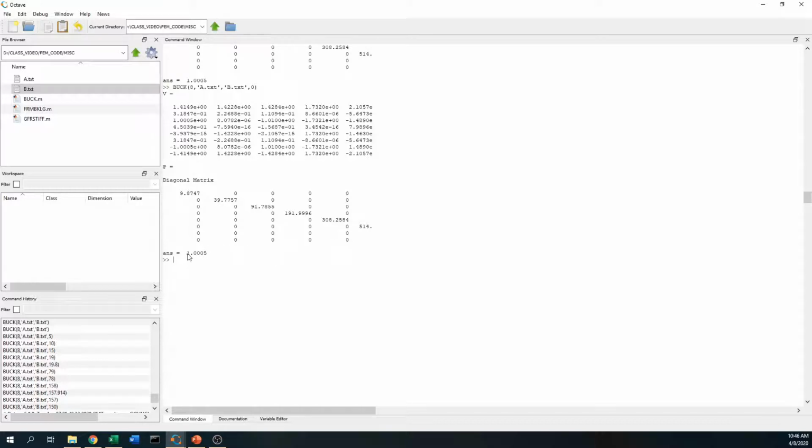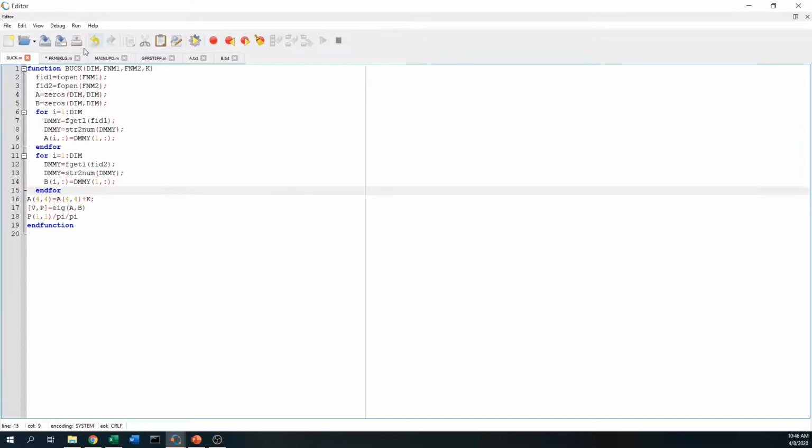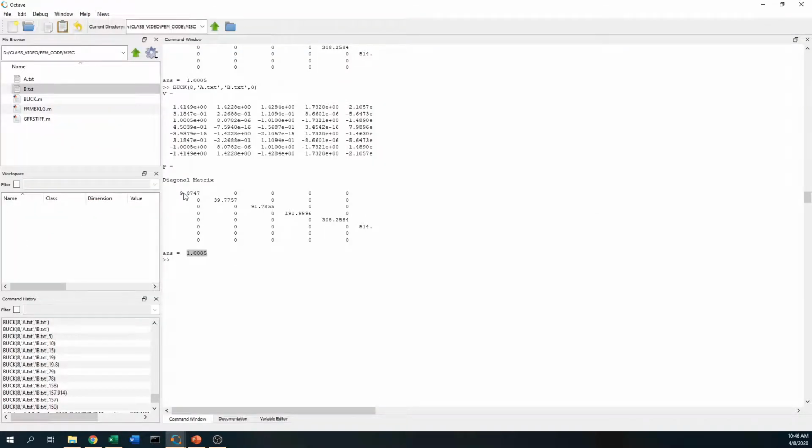Now, the 1.005 comes from this. We take the P11. P11 is this number, the lowest buckling load, which is 9.8, blah, blah. I divide it by pi square. This is what I end up with.